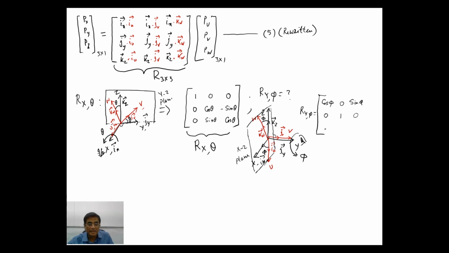And then Kz Iu, so this is cos of pi by 2 plus phi, that means minus sin phi, and this is again 0, and this is cos phi. Very easy.